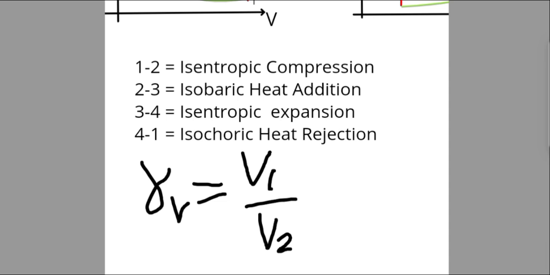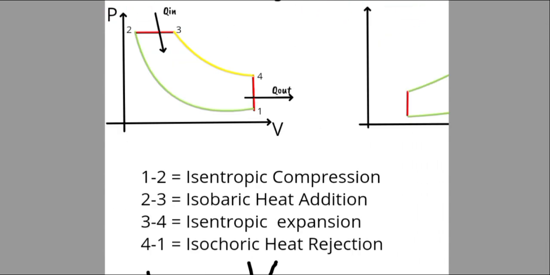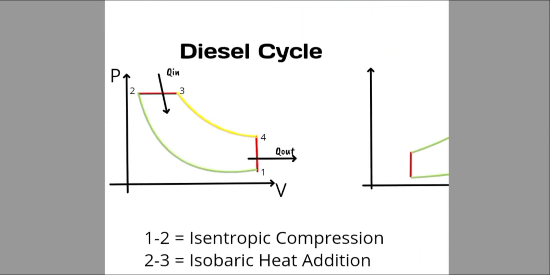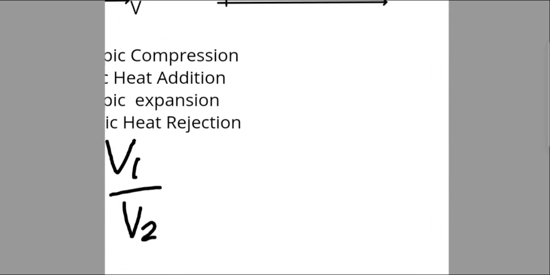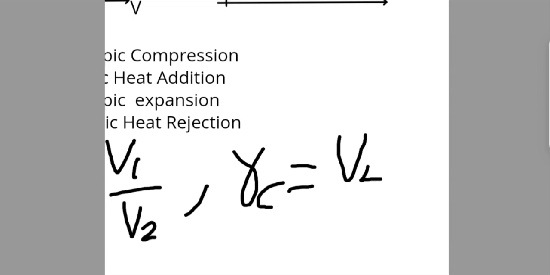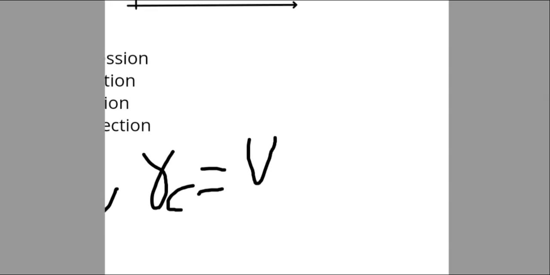I also mentioned that from 2 to 3 there is something called the cutoff ratio, which is equal to V3 over V2.